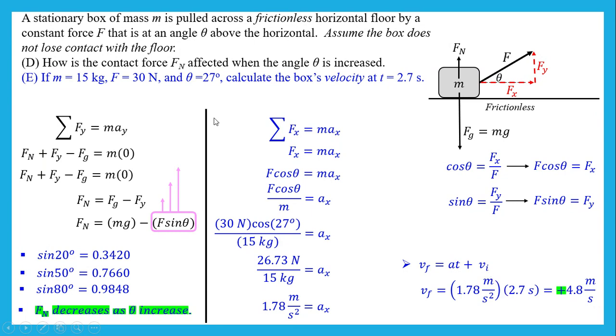Vi is 0 because it says a stationary box. Stationary implies that the initial velocity is 0, so I'm going to leave that term out in my work. If you do 1.78 times 2.7, you get plus 4.8 meters per second. Here I've chosen to include the plus sign because it asks for velocity, which is a vector.